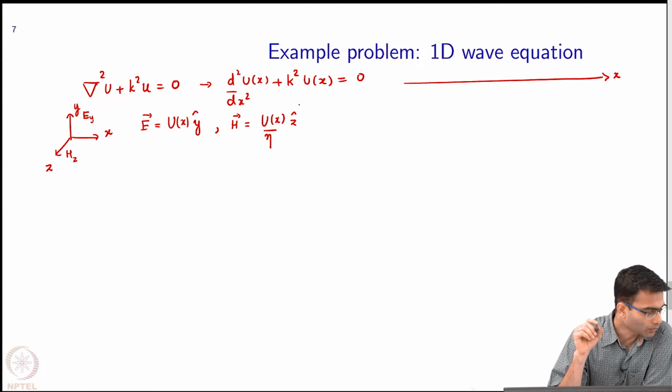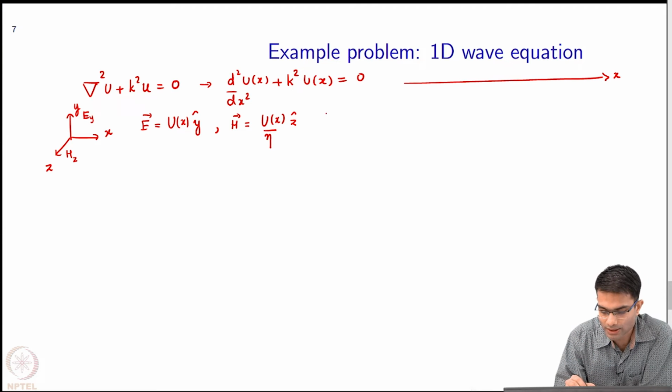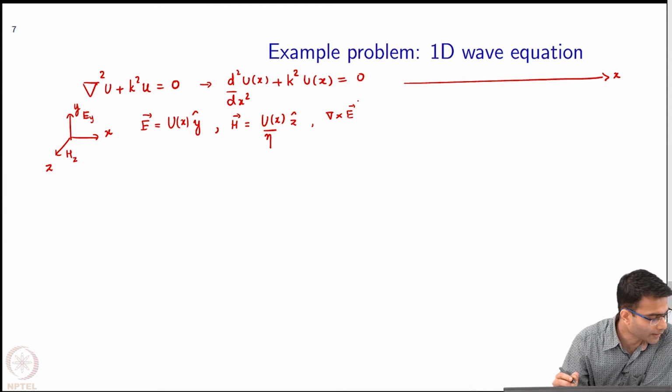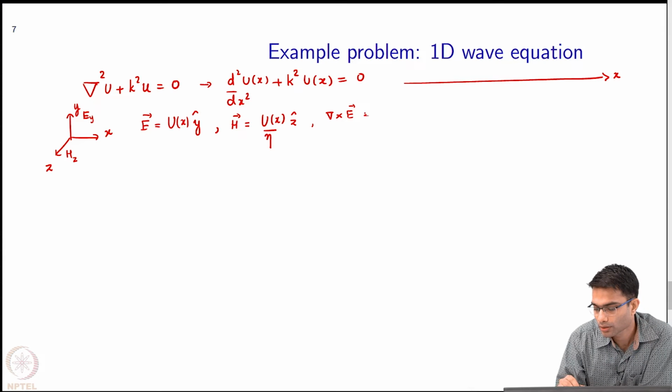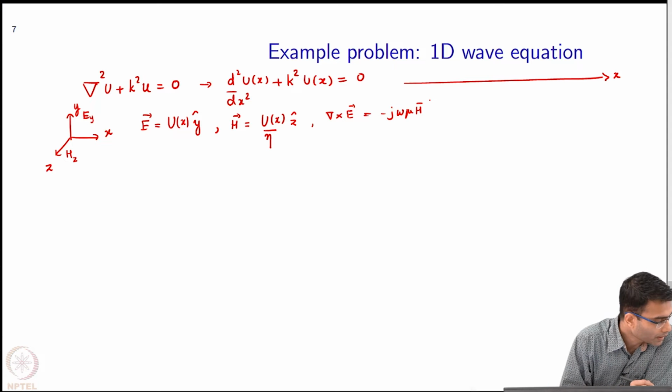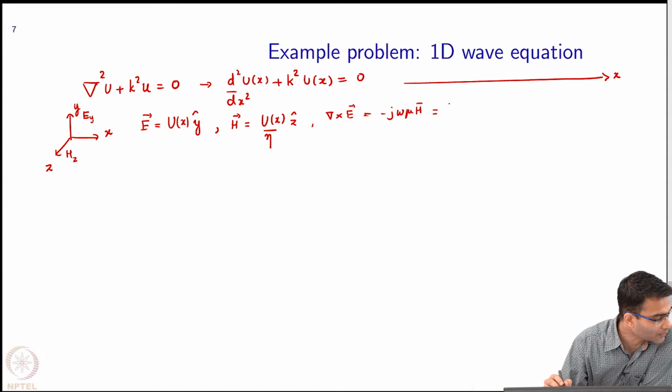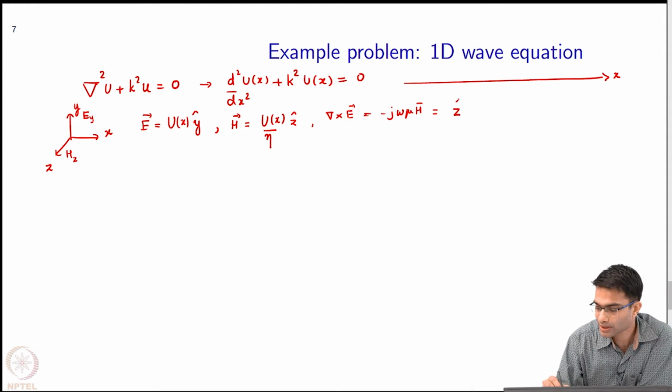Now there is another way of getting H. The original way of getting H was to take the curl of E, and when I take the curl of E, I should get minus j omega mu H. When I simplify this curl expression, del cross E, only one term survives, which is z hat du by dx.